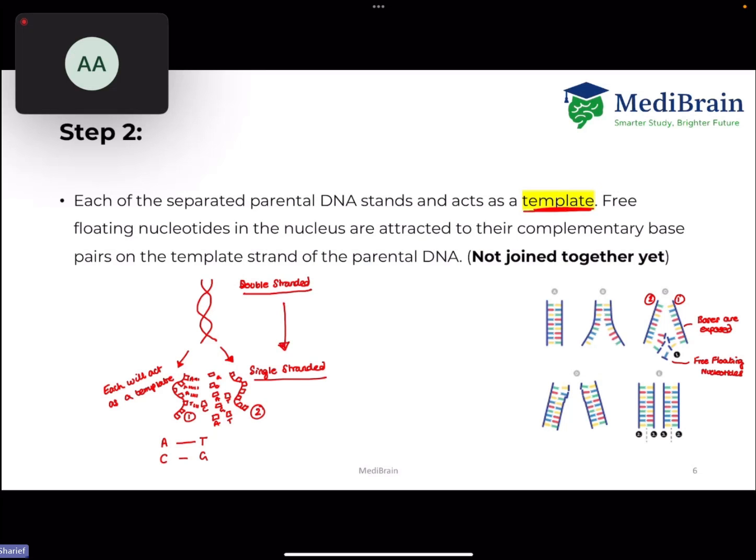And then once it has become single-stranded, the exposed bases on the single strand will attract the complementary base pairs which are just floating around. The reason it does that is because each single strand is acting as a template essentially.